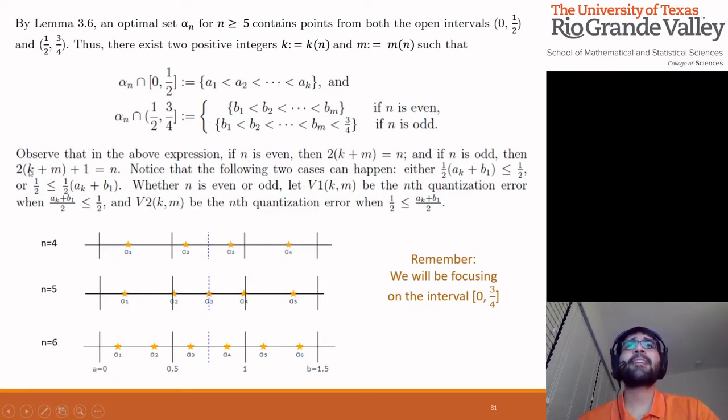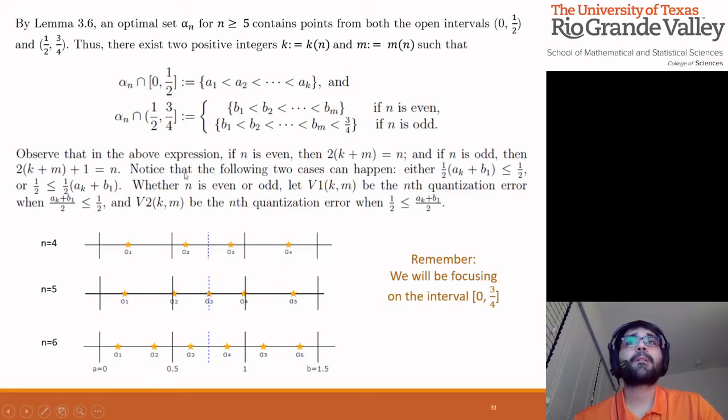So remember, k represents the number of quantizers in the interval 0 to 1/2, and m represents the number of quantizers in the interval 1/2 to 3/4. If n is even, we don't have 3/4. If n is odd, we have 3/4.